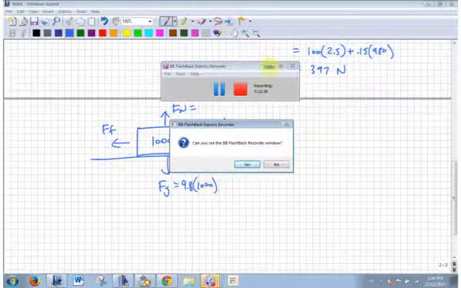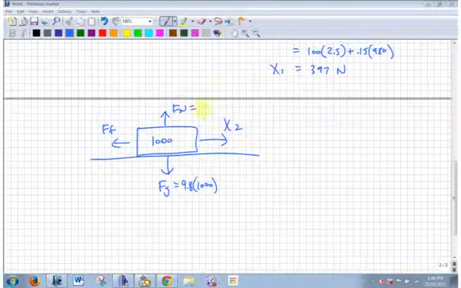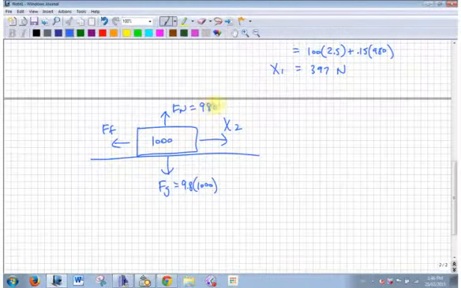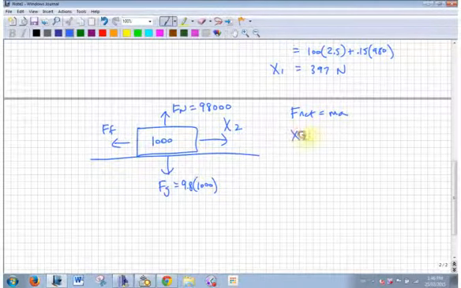Oh, forget it. 9.8 times 1,000. Okay, so again, what's the concept? The unbalanced force is the net force that equals ma. I know X2 minus force of friction is ma.